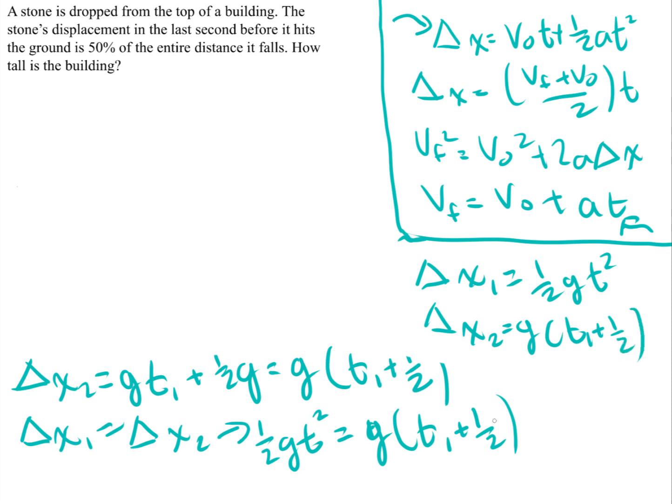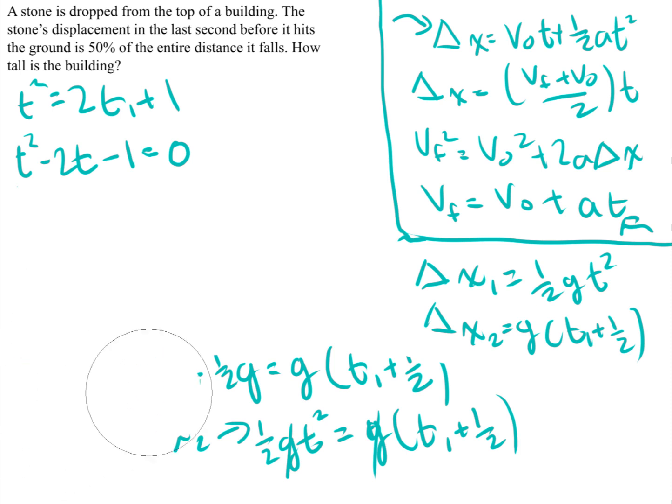From here, the g's cancel, and we're left with t1 squared equal to 2 t1 plus 1. I just got rid of the g's, multiplied both sides by 2, and then distributed. Then we can reorder this into a quadratic equation and set it equal to 0.